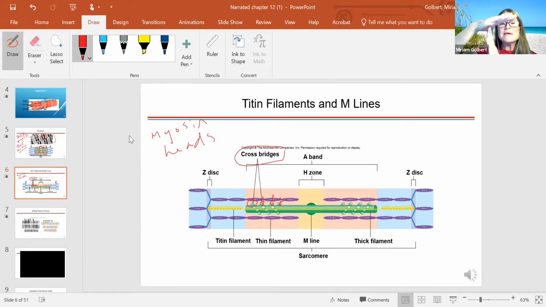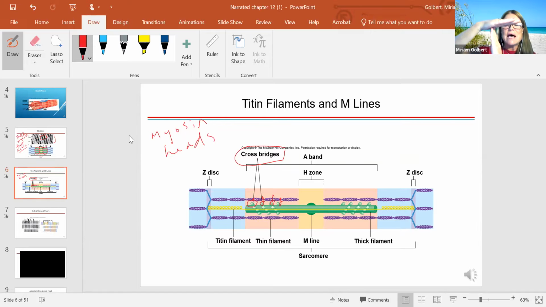Energy. And what is our high energy molecule in our cells? What is it called? Calcium? No, ATP. ATP, okay, exactly. So when we have everything and we have that energy, the myosin head is going to do a pivoting movement, or it's called cocking, right?